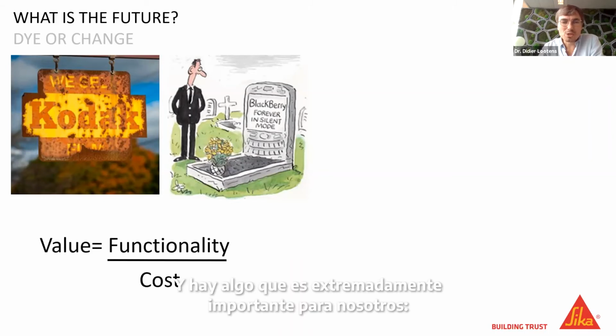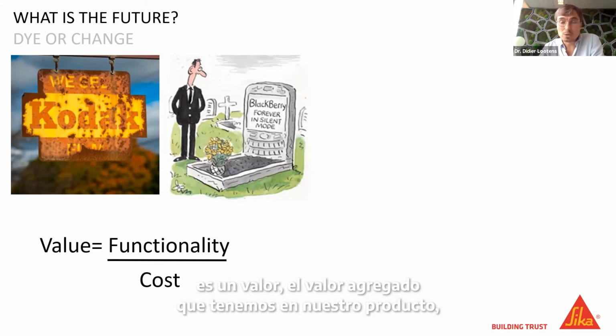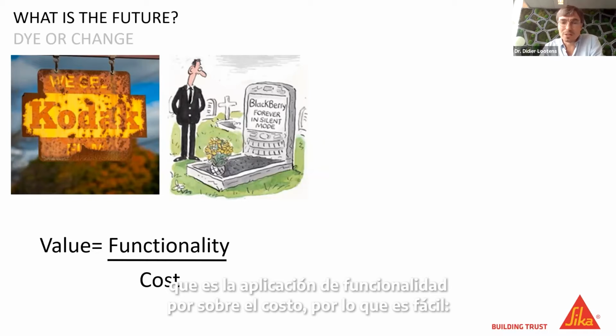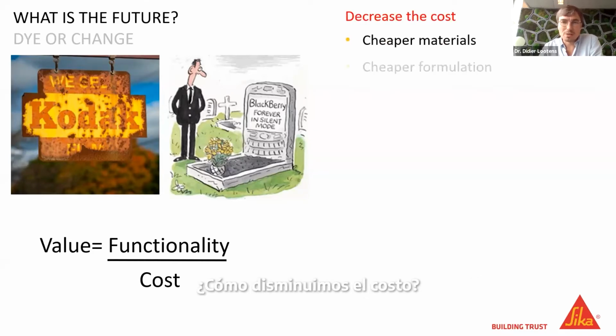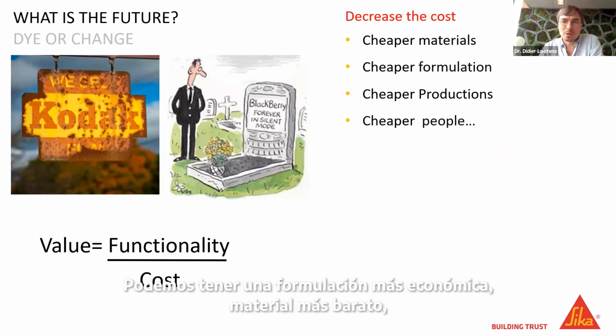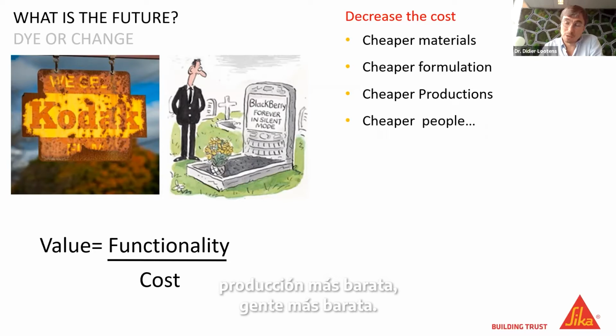There is something which is extremely important for us: the added value that we have in our product, which is a function of functionality over cost. So it's easy. If you want to increase the value, you can increase the functionality or decrease the cost. How do we decrease the cost? We can have cheaper formulation, cheaper material, cheaper production, cheaper people. This is something that companies can do.